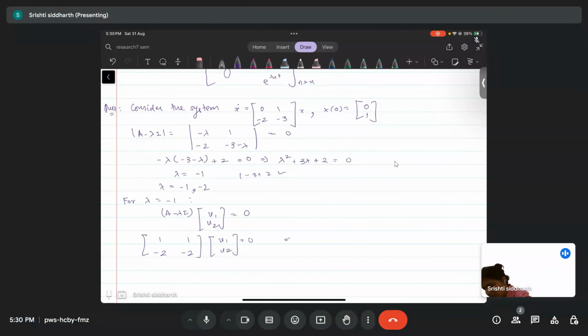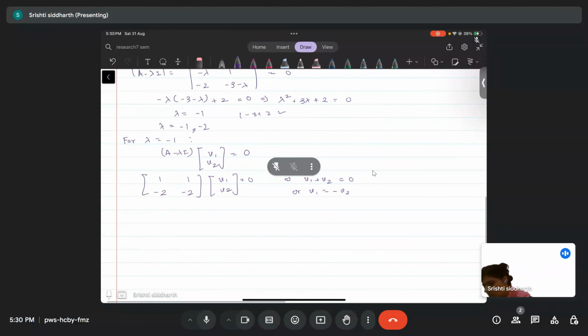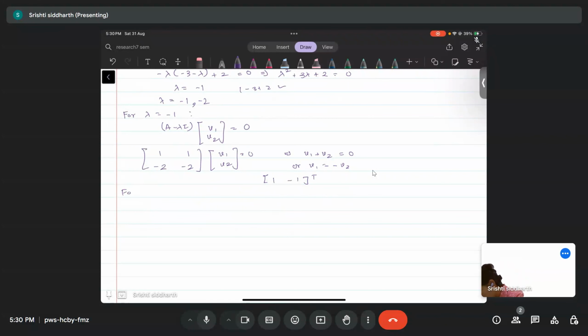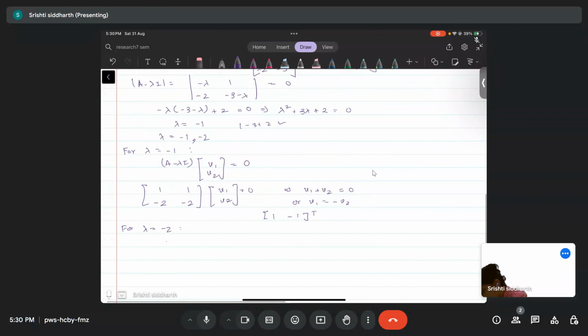So there is only one equation, which is V1 plus V2 equals 0 or V1 equals minus V2. So the eigenvector could be [1, minus 1] transpose. Alright, similarly we have the eigenvector for lambda equals minus 2. So A minus lambda I becomes [2, 1; minus 2, minus 3 plus 2].